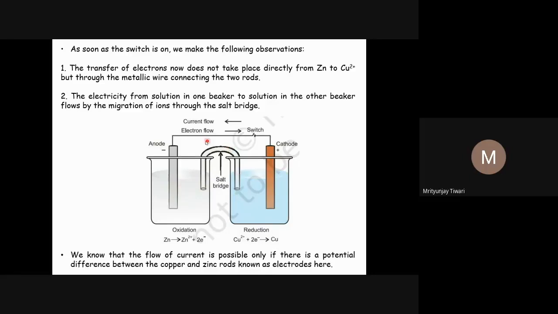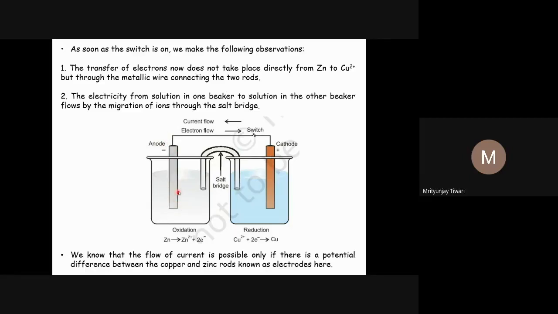Now why do we add the salt bridge? We add it to keep the solution electrically neutral, because as excess Zn2+ forms, it makes this entire vessel electrically positive, and if it becomes positive, electrons will not flow out of it.